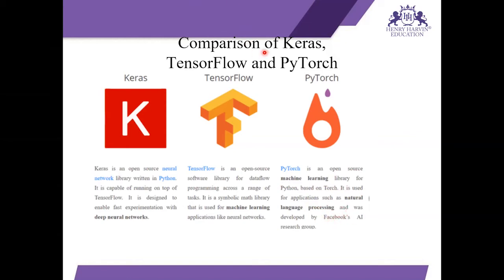So why do we compare Keras, TensorFlow, and PyTorch? Because there is always a debate among people about whether we can use this or TensorFlow or PyTorch. So basically, these three are differentiated by certain points.